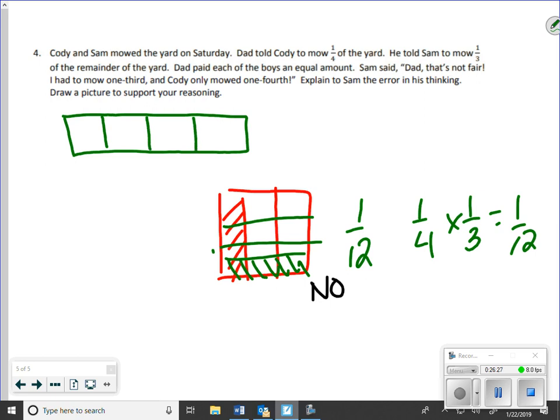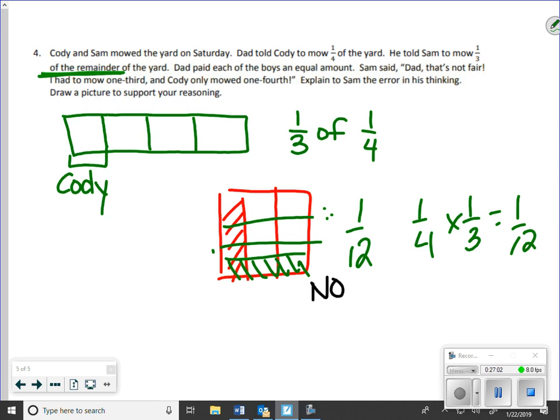When we see something like this, the remaining or of the rest, then that tells me I should do something like a tape diagram. Because we're not doing 1/3 of 1/4 or 1/4 of 1/3. So we are not doing this. So he did 1/4 of the yard. So this is Cody.